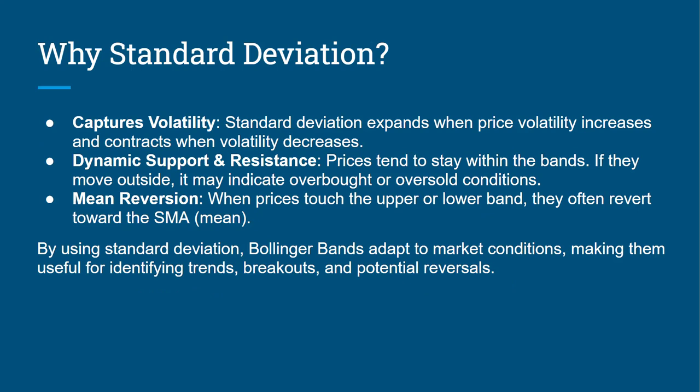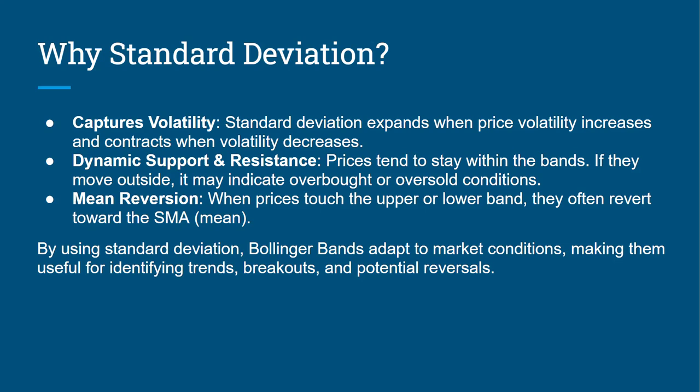Like a doctor examining a patient can make out the disease by the symptoms, by the expansion and contraction of the Bollinger Bands, we can identify whether volatility is contracting or expanding. These standard deviation bands act as dynamic support and resistance.